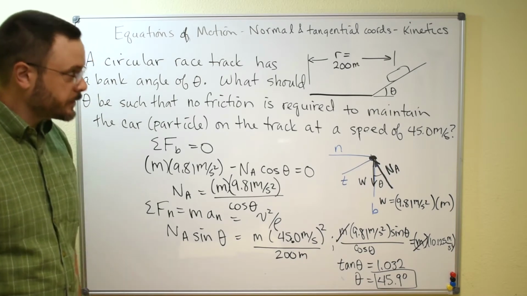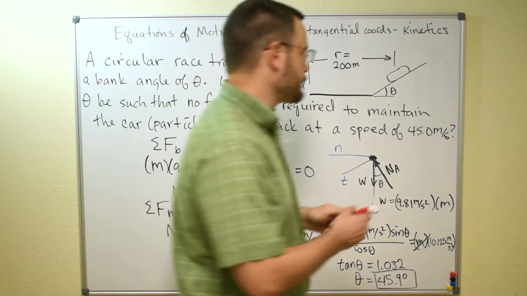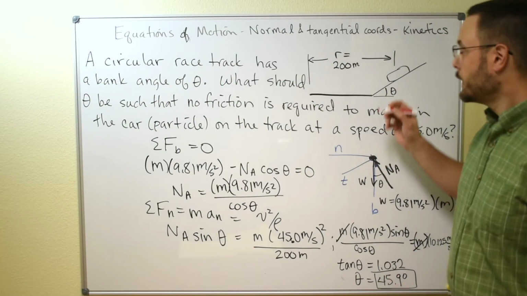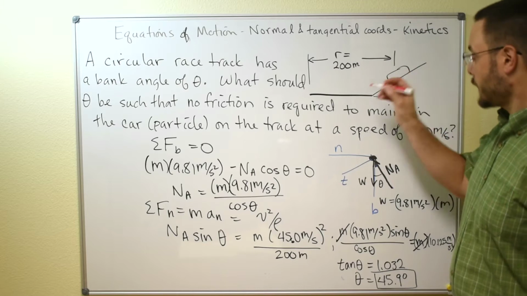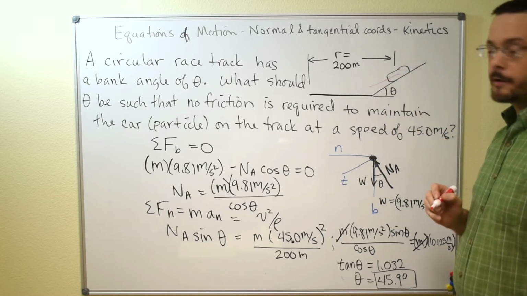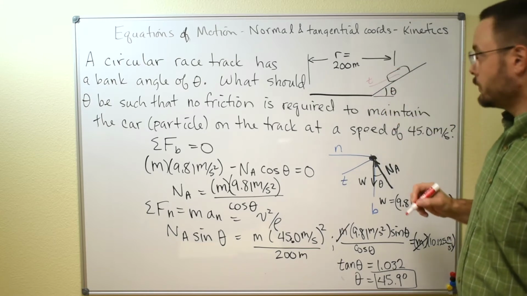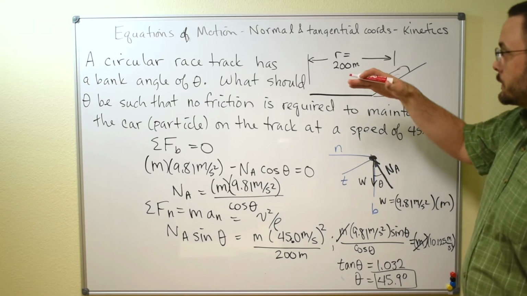So let's take a look at our coordinate system, because this is probably the trickiest part of this problem. Your tangential direction is going out in the direction that the car is coming. So it's coming out of the board or out of your paper towards you in this direction. The normal direction is going in towards the radius of curvature.